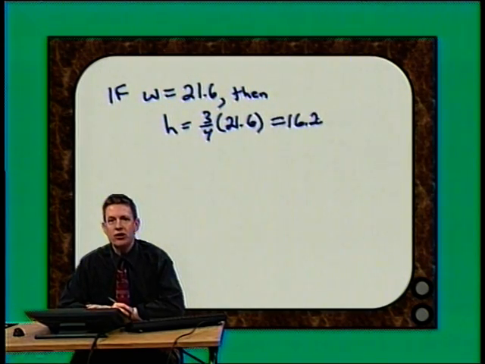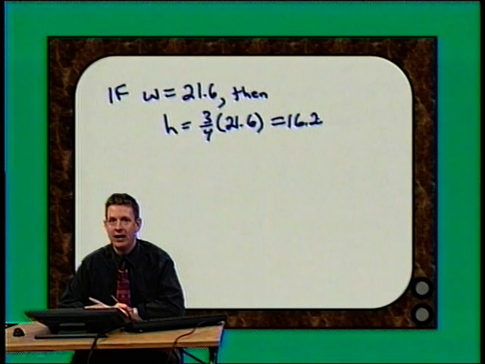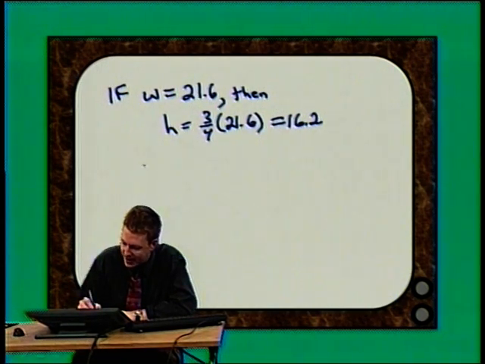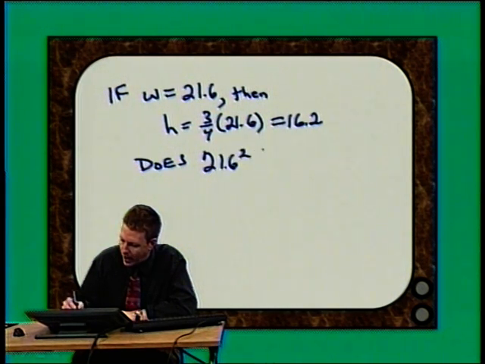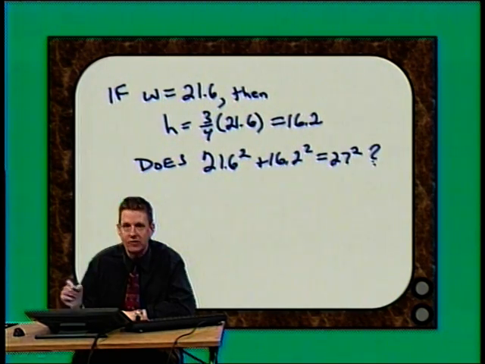And what I need to do is make sure that with these dimensions, the Pythagorean theorem is satisfied. In other words, I need to ask myself, does 21.6 squared plus 16.2 squared equal 27 squared?